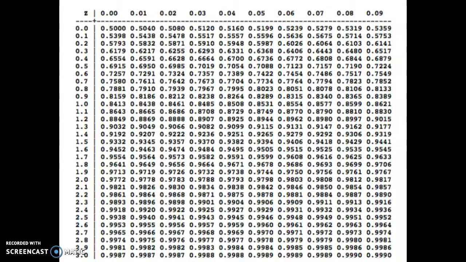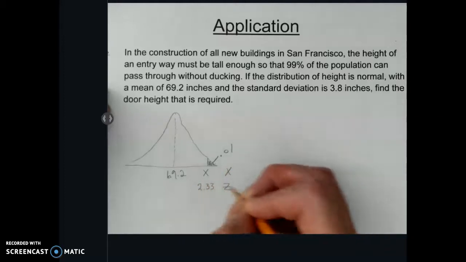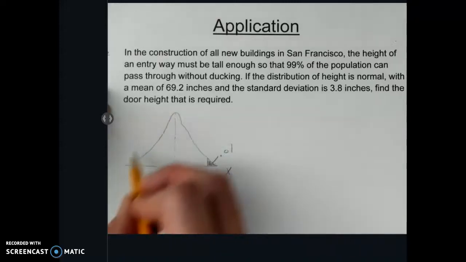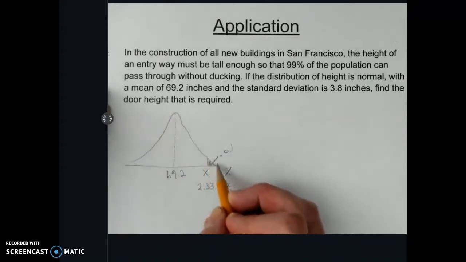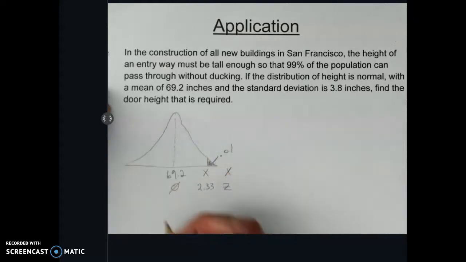So the z value is going to be 2.33. So 2.33 z corresponds to 99% here and 1% here. We also know z standardizes to 0 at the mean.